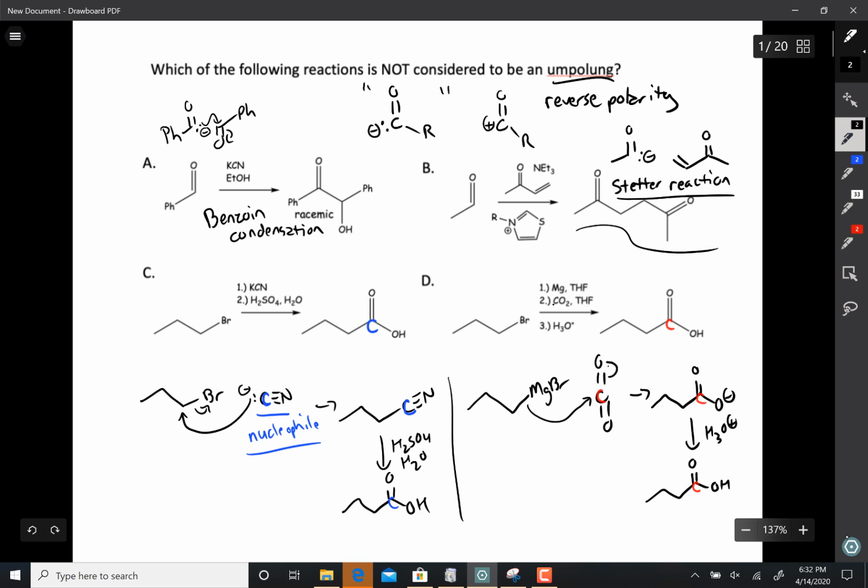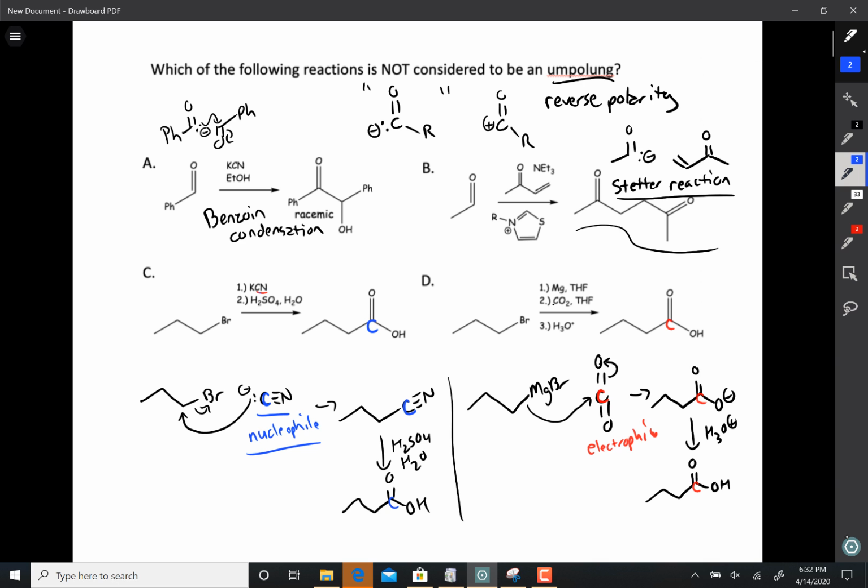Whoopsie, that arrow should be going up here. Here the red carbon is accepting electrons, it's an electrophile. So this electrophilic carbon stays electrophilic throughout the entire process, as opposed to here we start out with a nucleophilic carbon that is then changed into an electrophilic carbon.